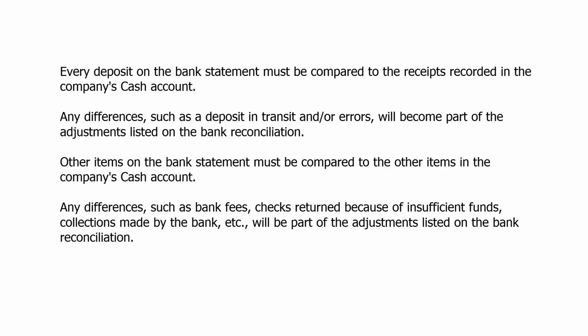Any differences, such as a deposit in transit and/or errors, will become part of the adjustments listed on the bank reconciliation. Other items on the bank statement must be compared to the other items in the company's cash account. Any differences, such as bank fees, checks returned because of insufficient funds, collections made by the bank, etc., will be part of the adjustments listed on the bank reconciliation.